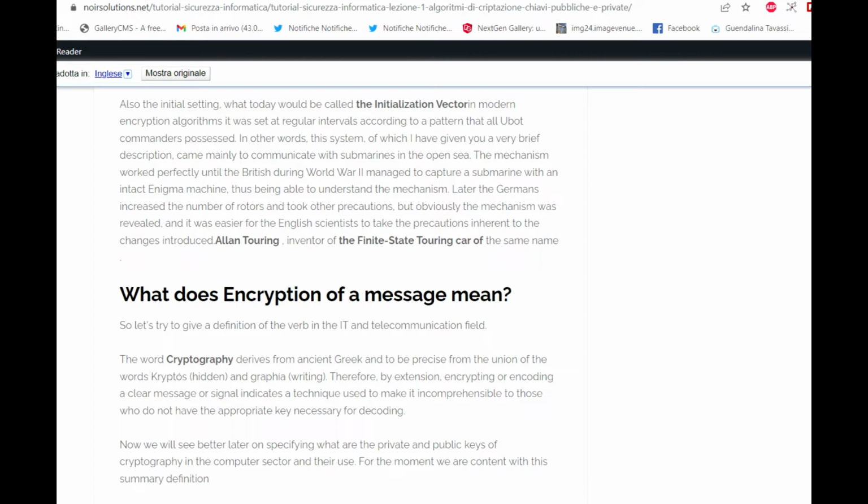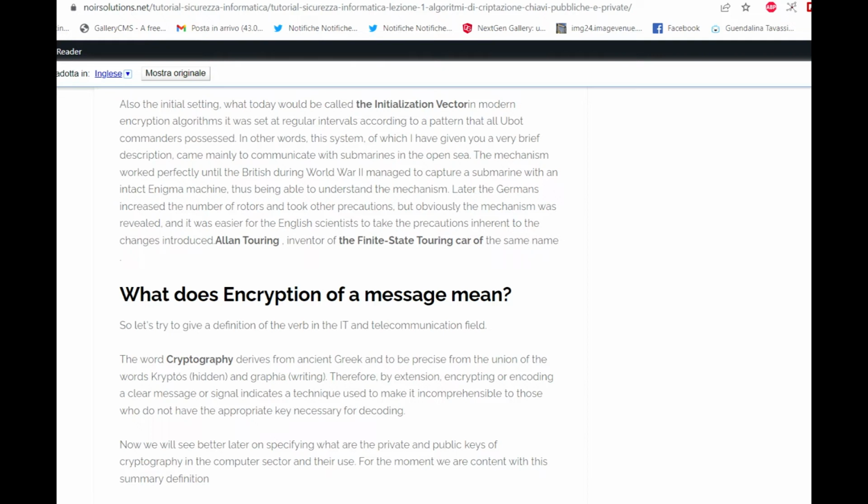What does encryption of a message mean? Let's try to give a definition in the telecommunication field. The word cryptography derives from ancient Greek, to be precise from the union of the words cryptos, hidden, and graphia, writing.